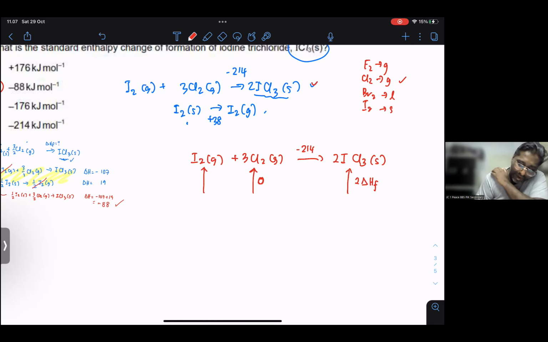If it is I element in solid state, then it's going to be 0, but this is in gaseous state. So you need to use this formula, from solid to become gas. It requires 38. So to form I2 gas from the solid is going to be 38.